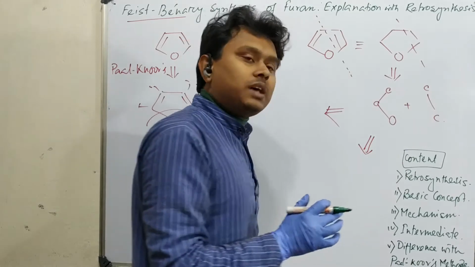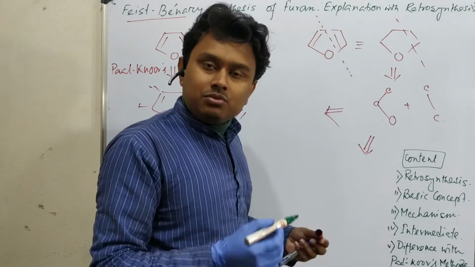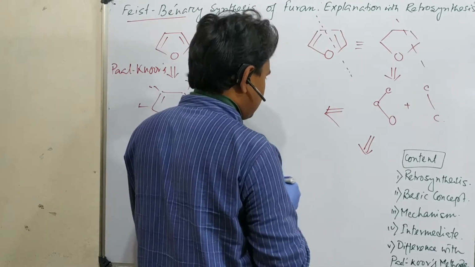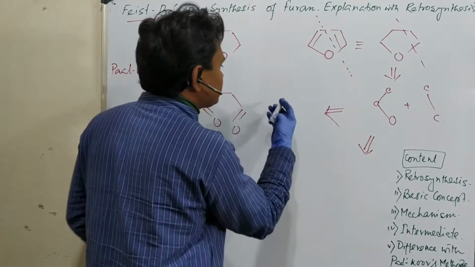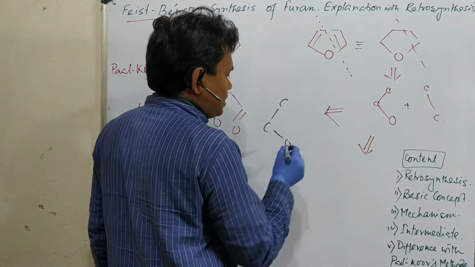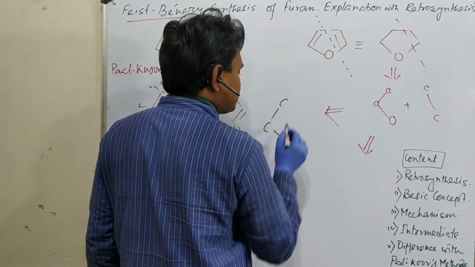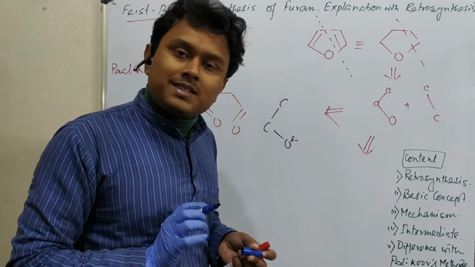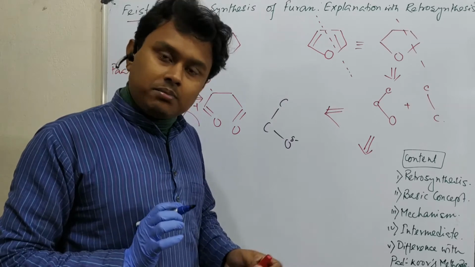Now we have to design the reactivity pattern, means nucleophile and electrophile in that way. One strategy is that this is delta minus, and always keep it in mind, oxygen should always be delta minus, it can never be positive.